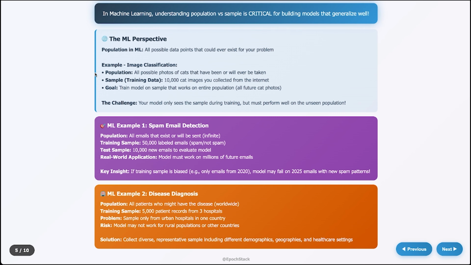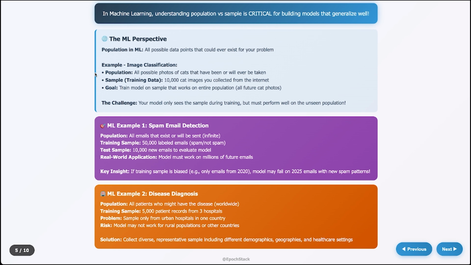So you choose sample data, for example 5,000 patient records from only three different hospitals. The problem is that you collected only from urban hospitals in one country. The risk is that the model may not work for rural populations or other countries. So the solution is that you should collect diverse data.